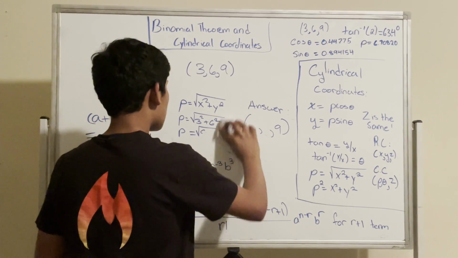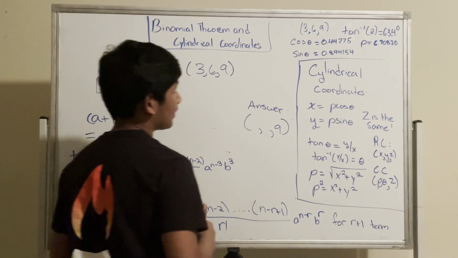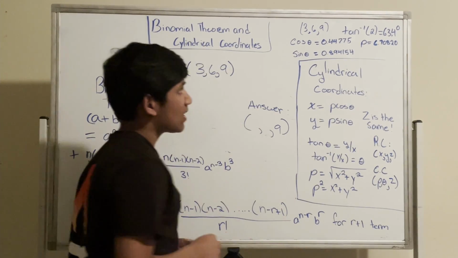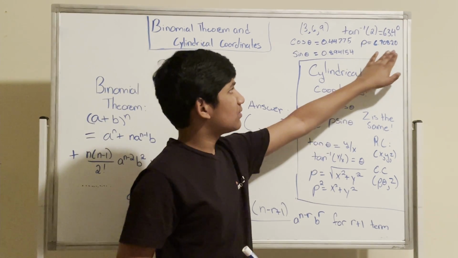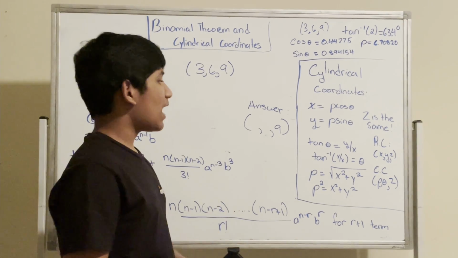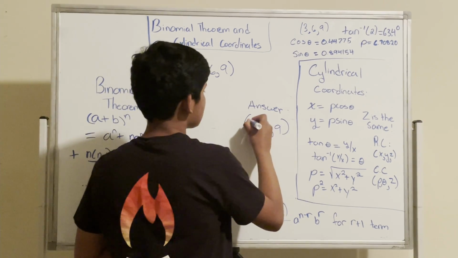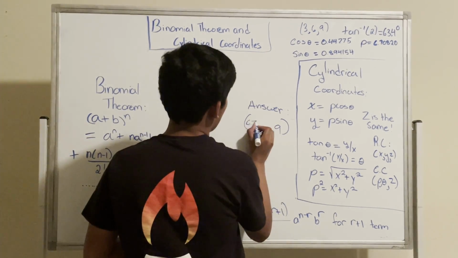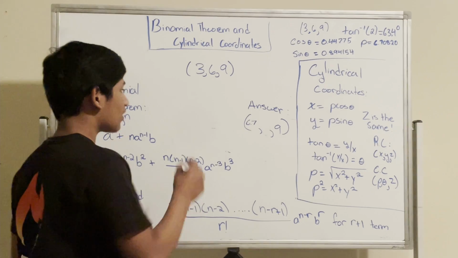Now I've written this in a decimal sense over here: 6.70820 and something like that, all the way continuously. Now we essentially got our P, so we'll just write 6.7 over here. So we've got our P, now theta. Now there's a smart trick for theta.